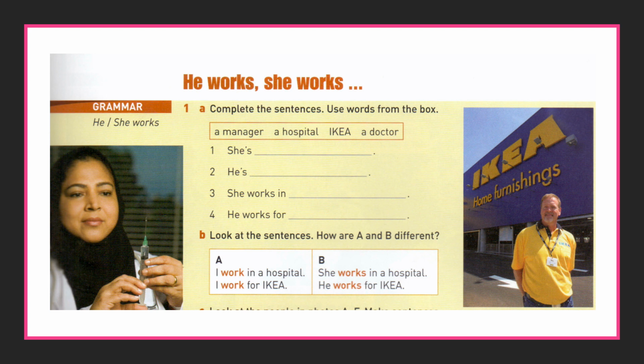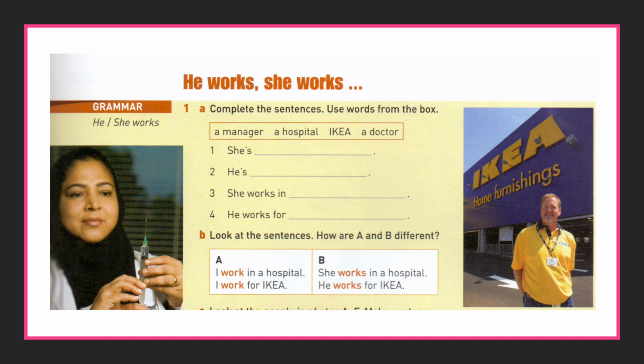Number 2 you answer yourself and then check it with me. Number 2, the job here on the left is a manager. Number 3, she works in a hospital. Number 4, as it is clear from the picture, he works for IKEA.